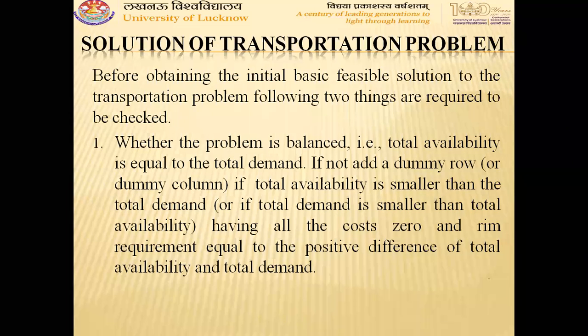That means the difference between total demand and total supply. And the column or row added or introduced are called a dummy row or dummy column.